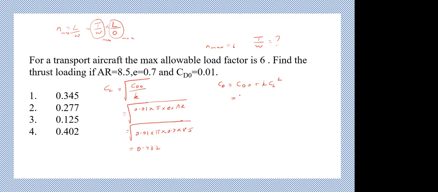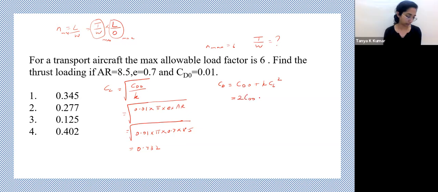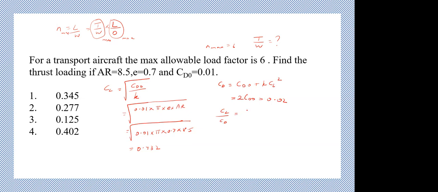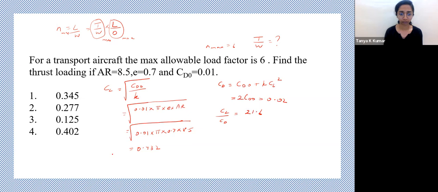Yes, ma'am. Okay, so here you have 2 CD naught, which is 0.02. So your CL upon CD will be 21.6. Okay. Next, how do we proceed?